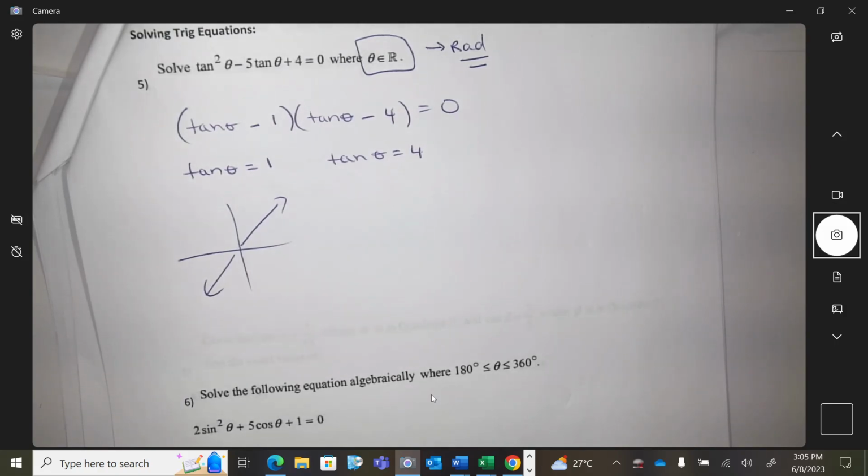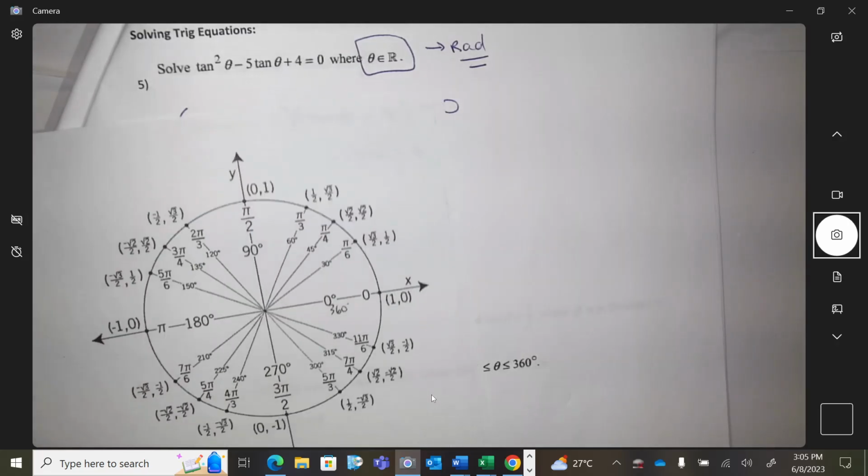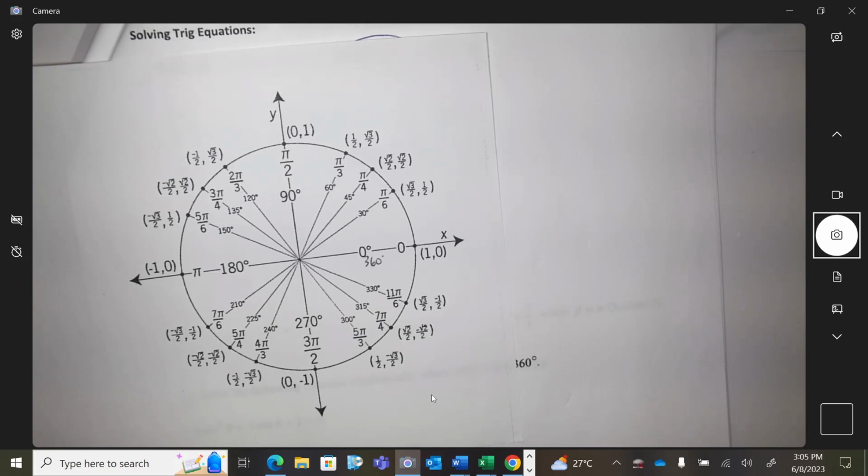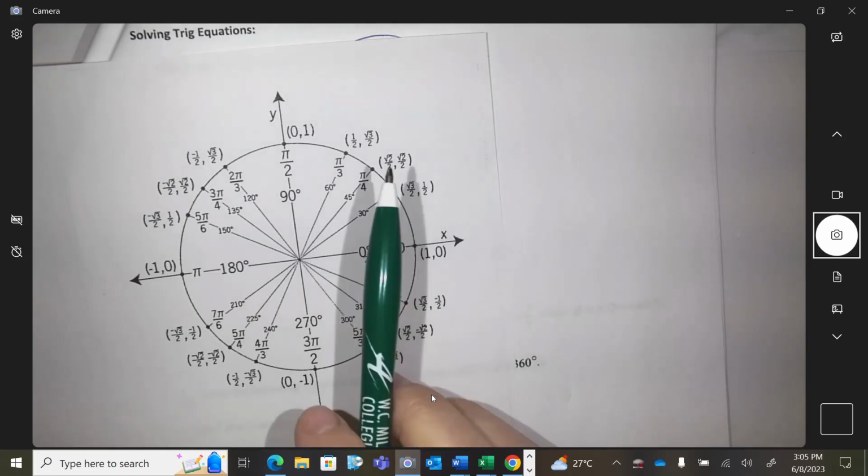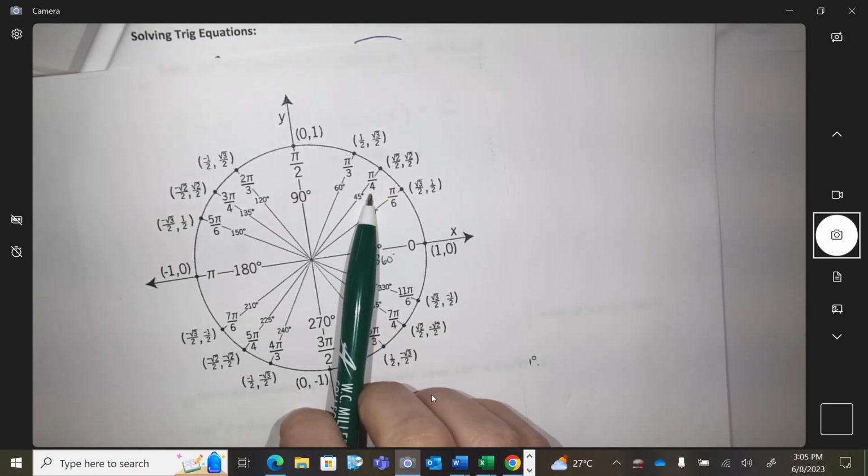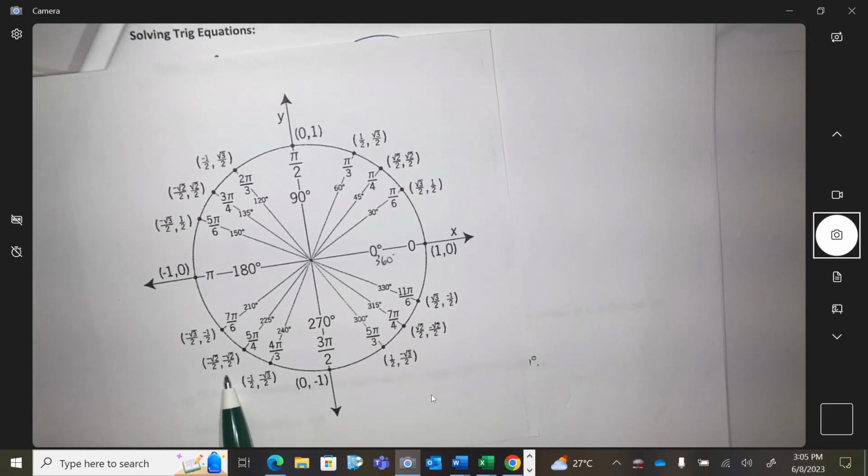They're in those 2 quadrants. This is a unit circle. We can get this one from the unit circle. What is tan again? How do you get that with the letters? Y over x. Is there anywhere on a unit circle where I would divide y and x and then it would make a 1? Right here, right? And right here.